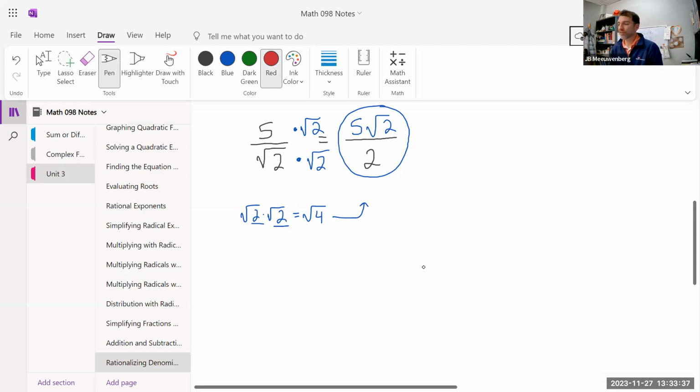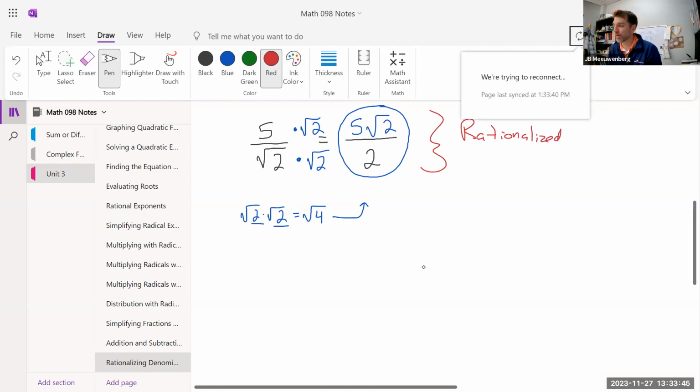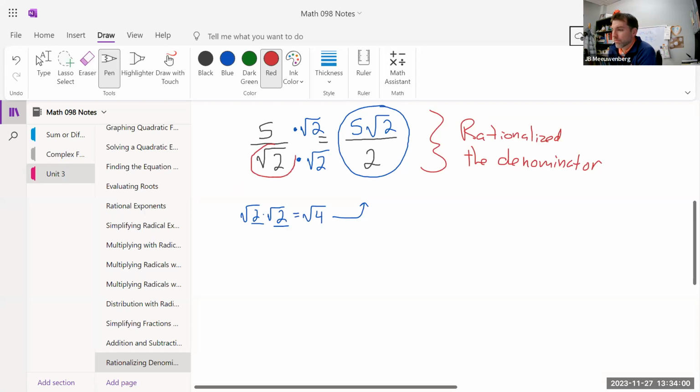What we just did there was we rationalized the denominator. You might be wondering, well, what does that mean? What did we actually do? What it comes down to is this number down here, the square root of a non-perfect square, is what's called an irrational number.